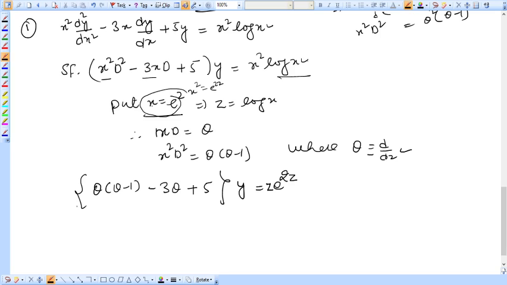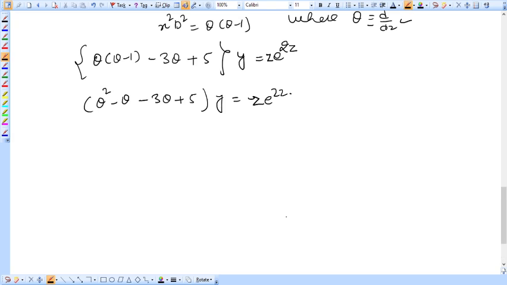Solving this, I get theta square minus theta minus 3 theta plus 5 y equal to z e to the 2z. So it becomes theta square minus 4 theta plus 5, y equal to z e to the 2z.